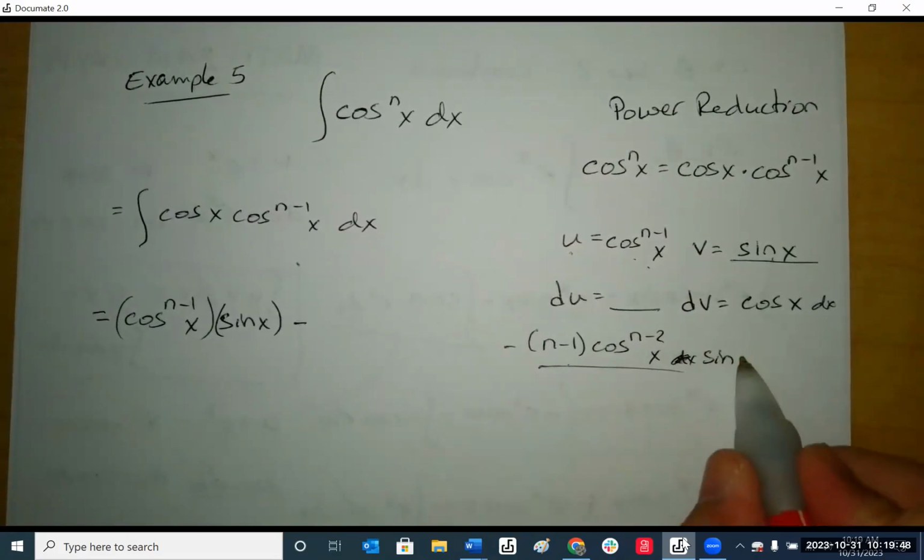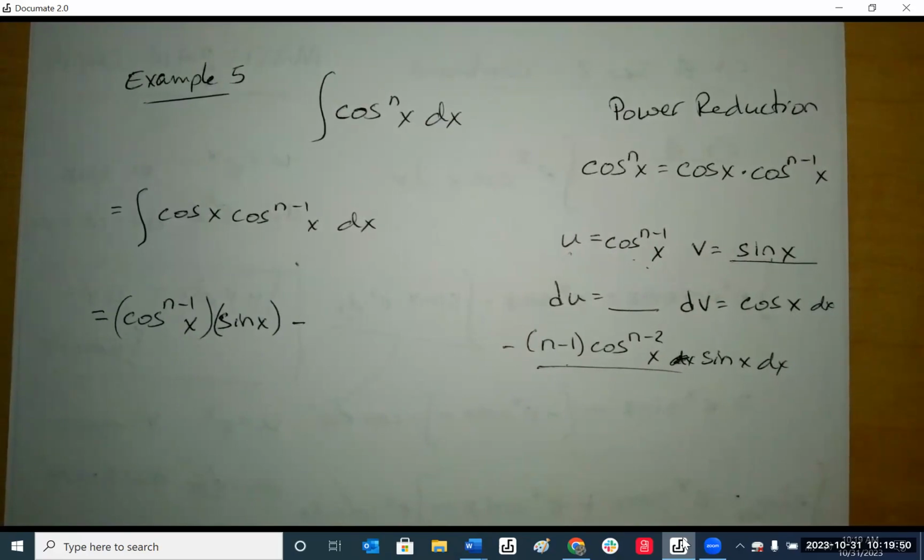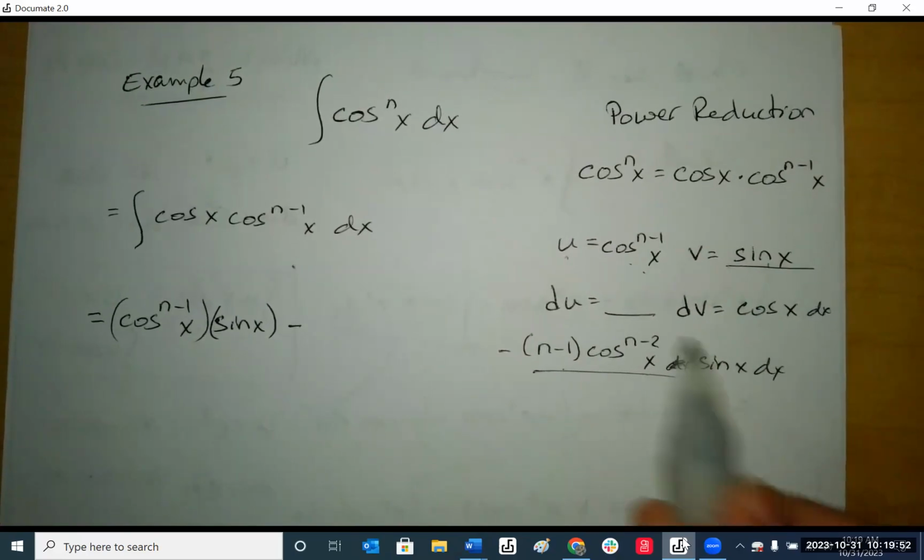It'll be negative sine x dx, because the derivative of cosine is negative sine.